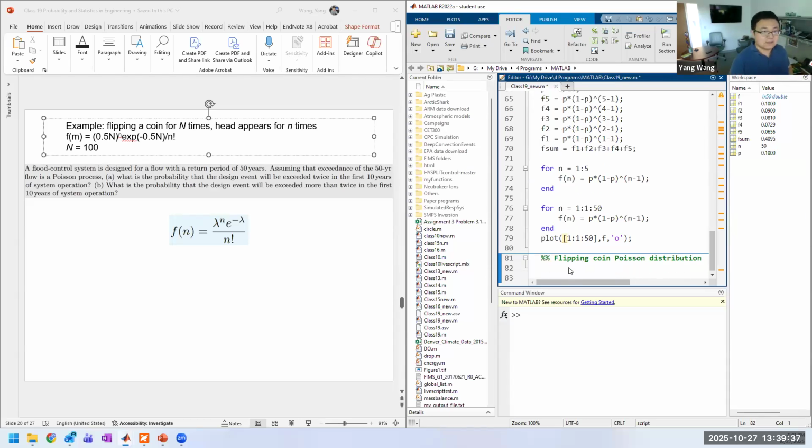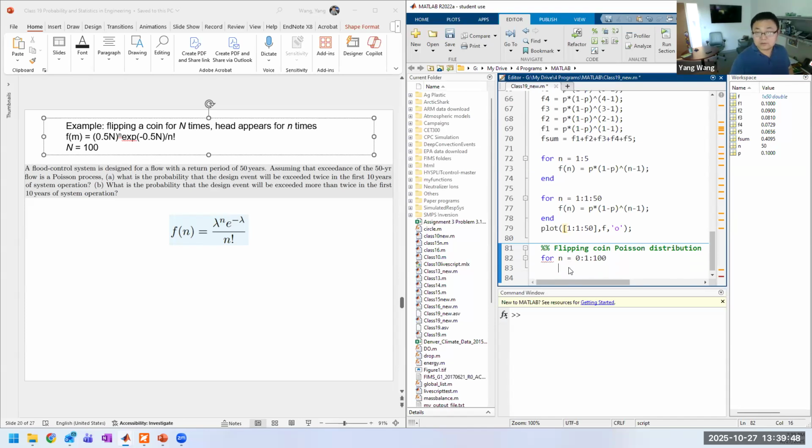We know that n goes from 0 to 1 to 100, because when you toss a coin, the head could appear 0 times or 100 times. The same thing applies if you're talking about a system failing: it could not fail at all, or it could fail every year.